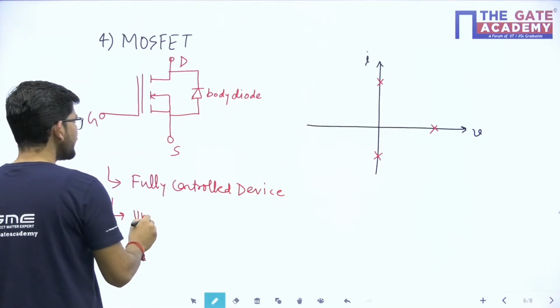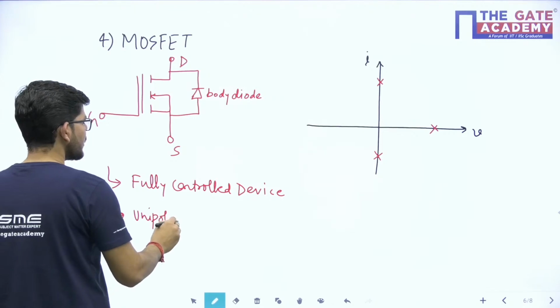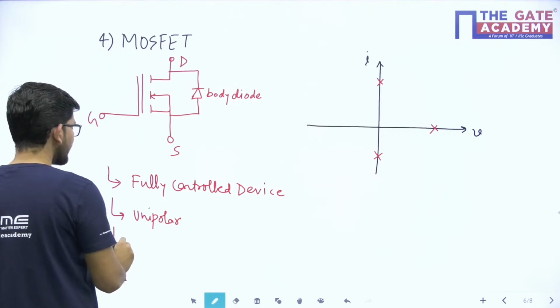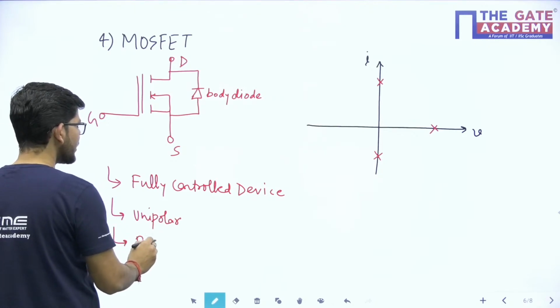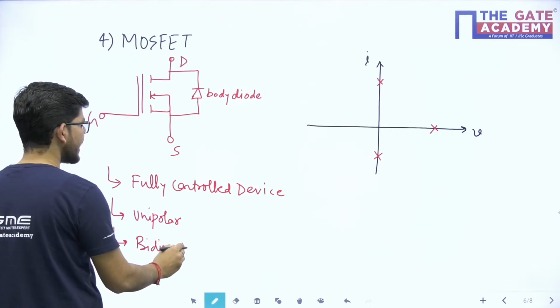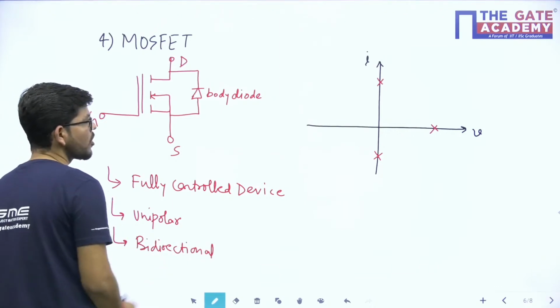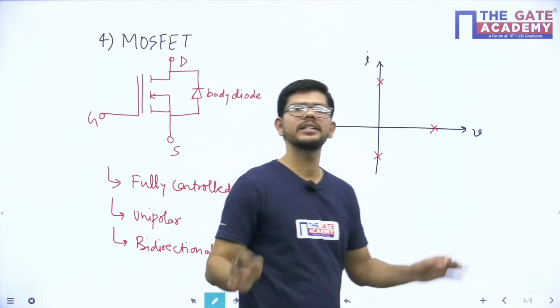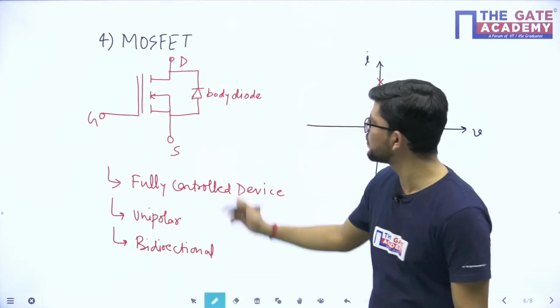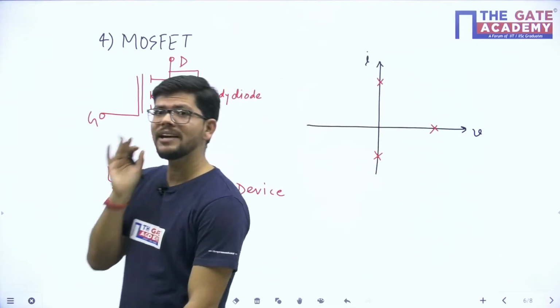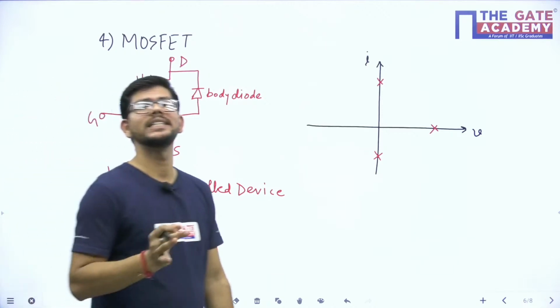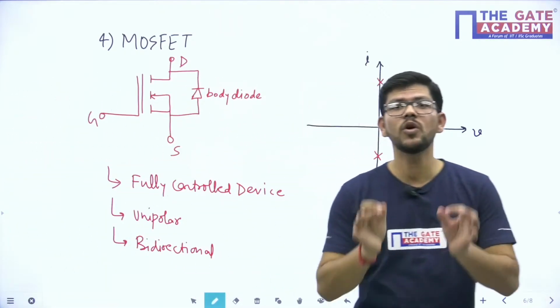It is a unipolar but bidirectional device. Bidirectional because it can carry current in both forward and reverse direction, and that is just because of the presence of this body diode. Whether given or not given, you have to consider this body diode in case of MOSFET.